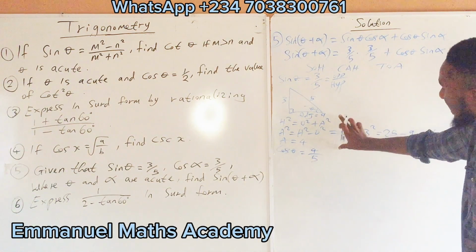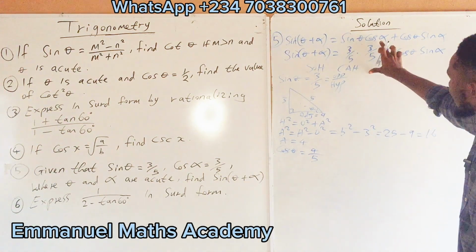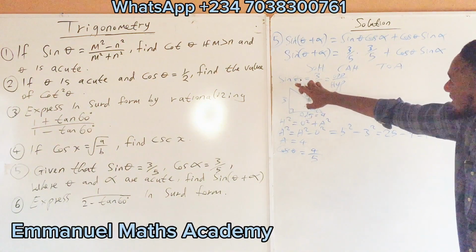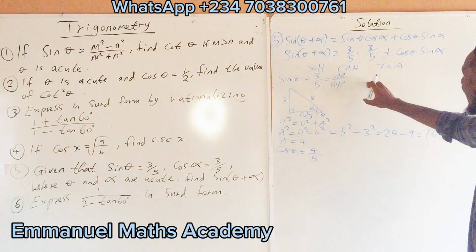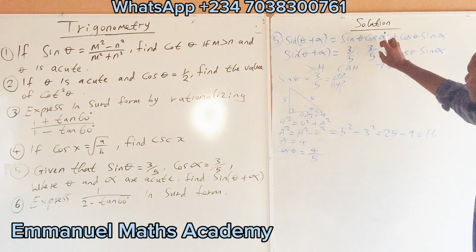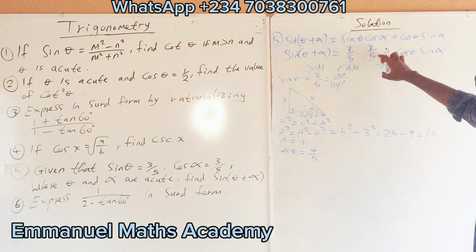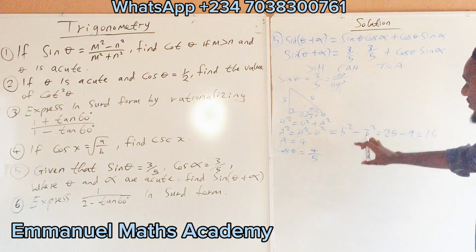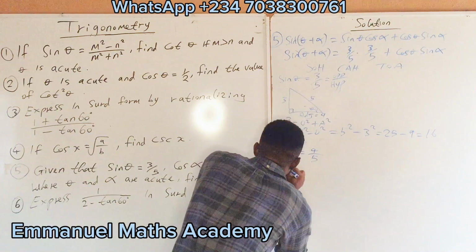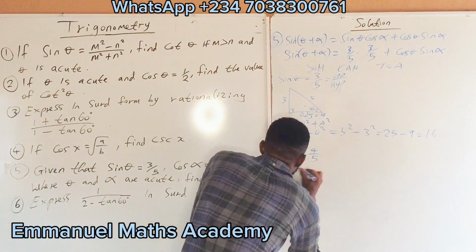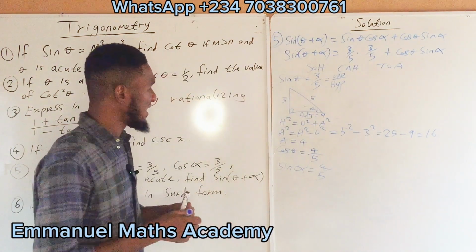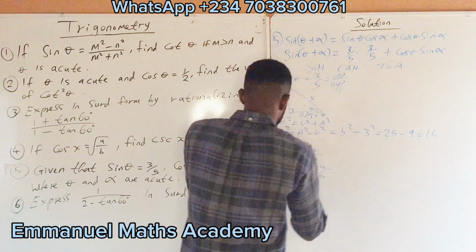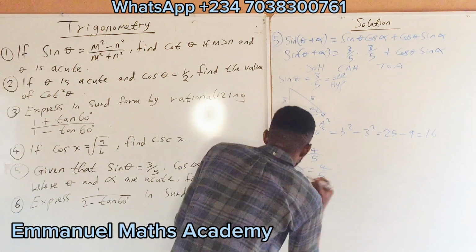From this, by symmetry, our sine theta is 3/5 and our cos theta is 4/5. By symmetry, if cos alpha is 3/5, that means sine alpha will be 4/5. Is that clear?